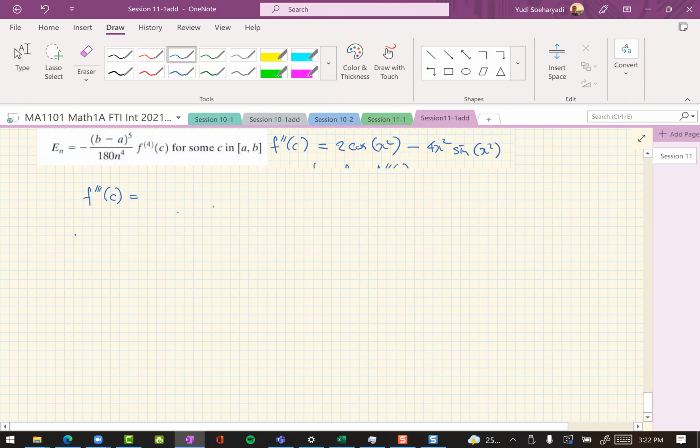The derivative is just 2 cosine x squared. This is easy. Cosine becomes negative sine, 2x times x. And then next is 8x.